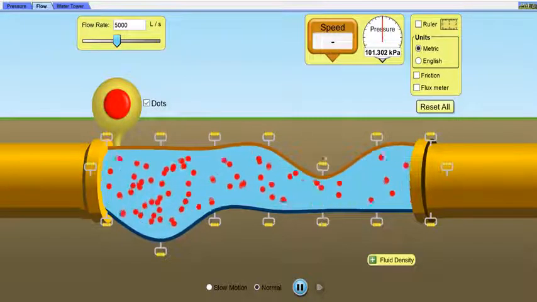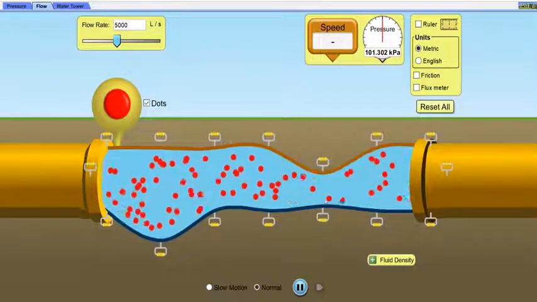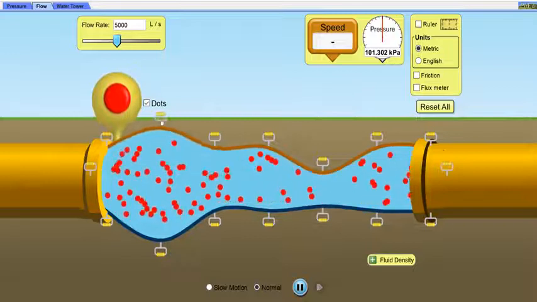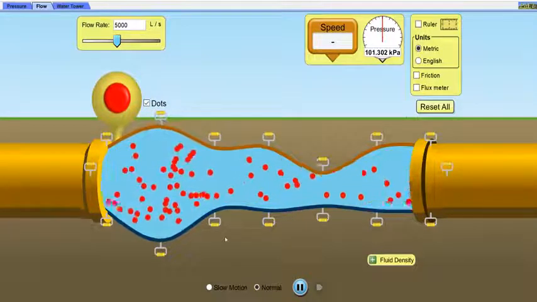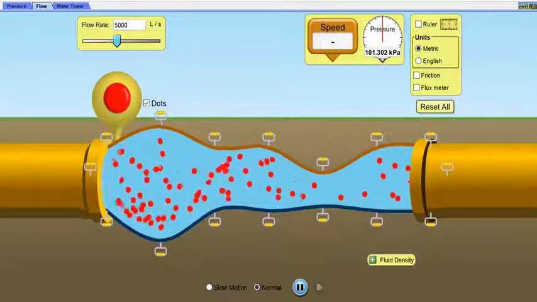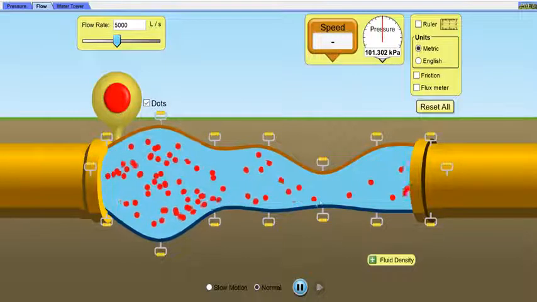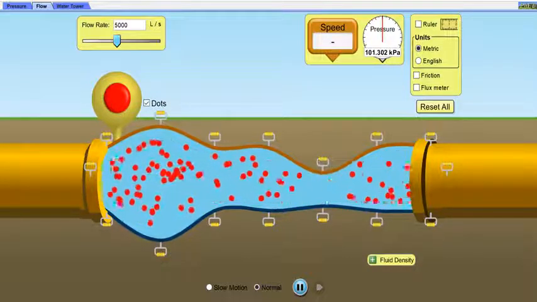Now you can easily observe that at the place where the area is large, the velocity is small, and at this place where the area of cross section is less, the velocity is high.